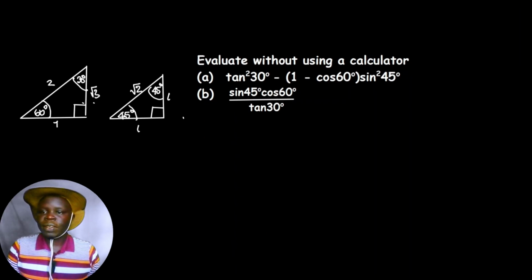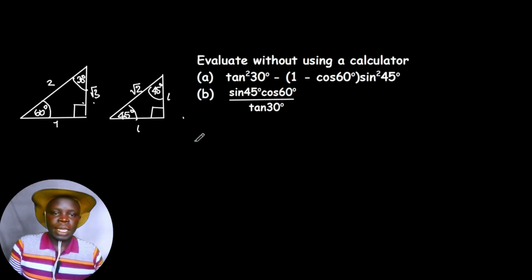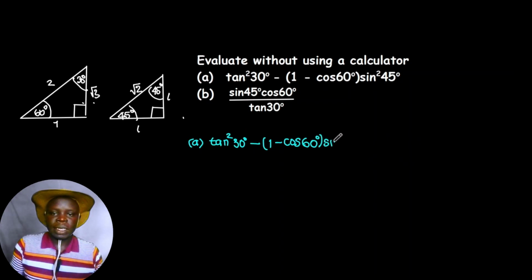So here you can start giving our solution in part A. The question is asking us to simplify: bracket tan squared 30 degrees minus bracket 1 minus cos 60 degrees times sin squared 45. Now what we can do here is get tan of 30 from the first diagram.